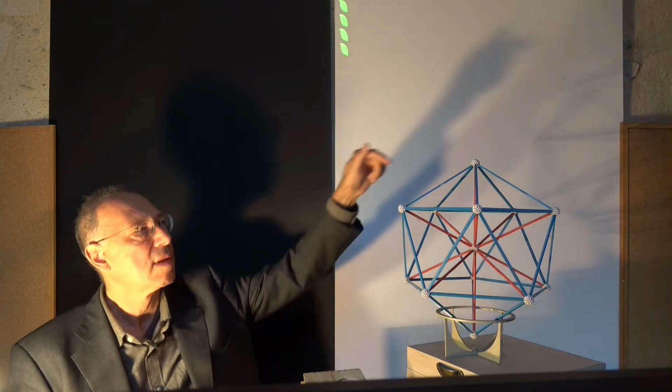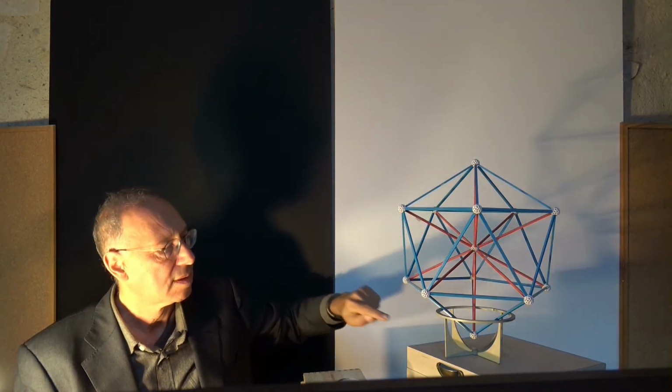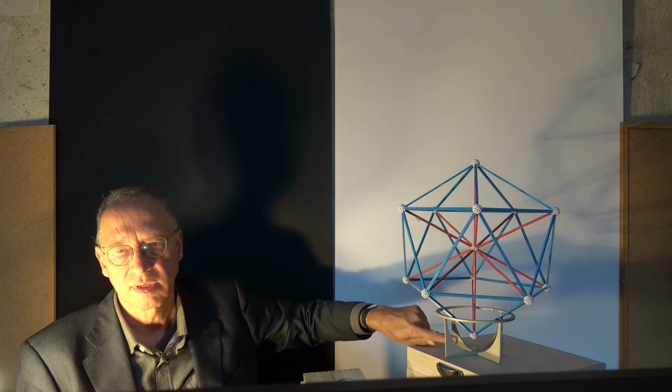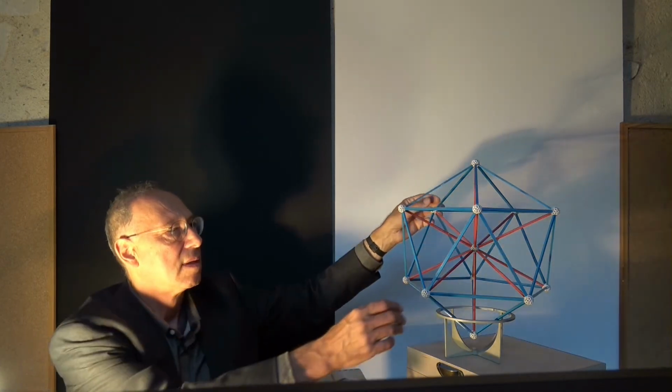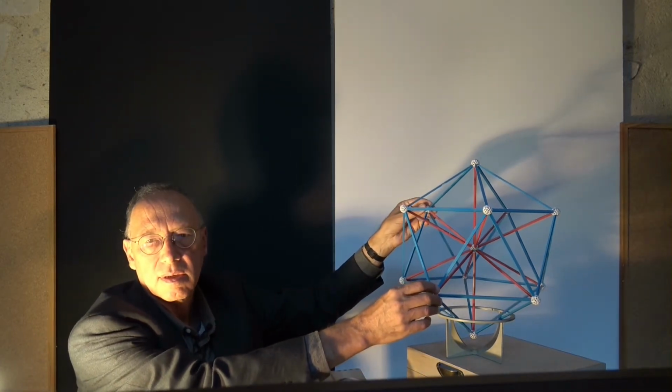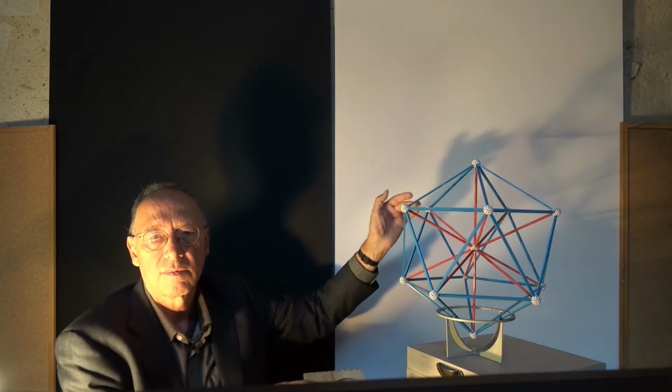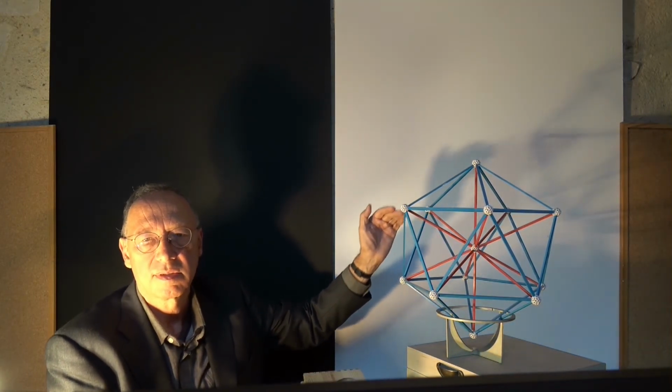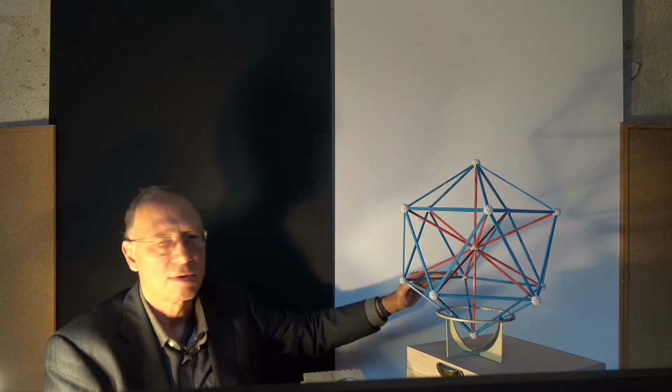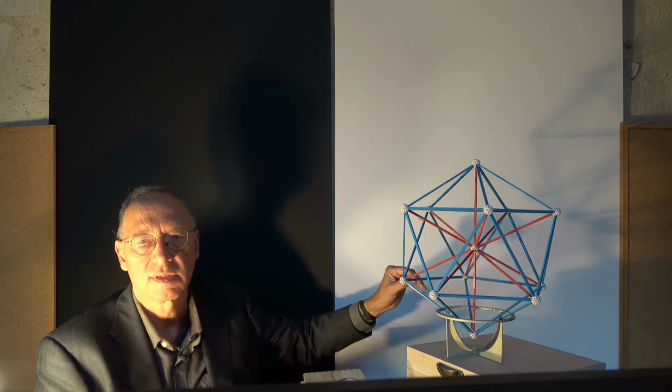We can see on this model a polar vertex at the top, a polar vertex at the bottom. In the upper ring here we see 5 vertices, and here in the lower ring we see 5 vertices.